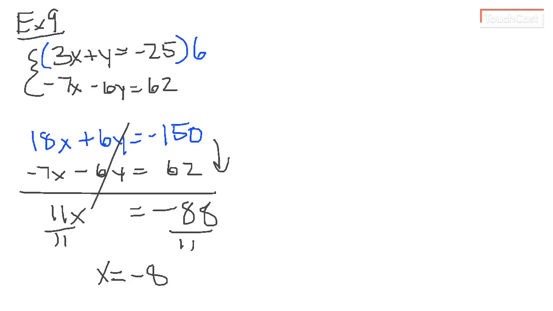So we've done steps 1, 2, and 3. Now we're going to go on to step 4. We're going to take negative 8. And it doesn't really matter which one you plug it into. I'm going to put it in the first one, the original first one. I'm going to go 3 times negative 8 plus y equals negative 25. You can use the other equation. You'll end up getting the same answer for y.